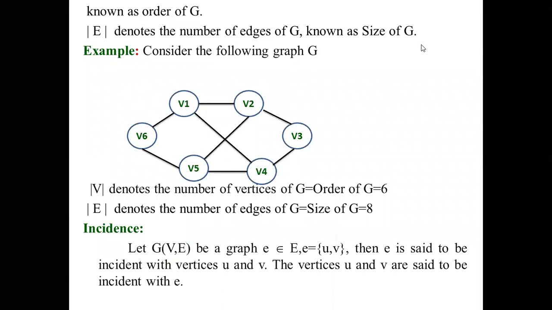So the number of vertices is equal to the order of the graph and the number of edges is equal to the size of the graph.